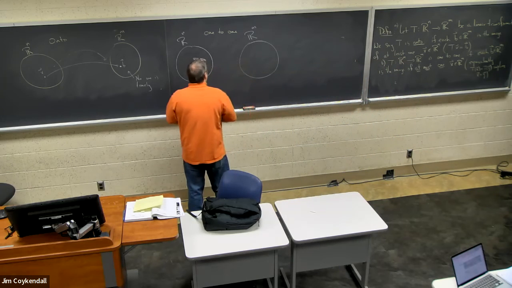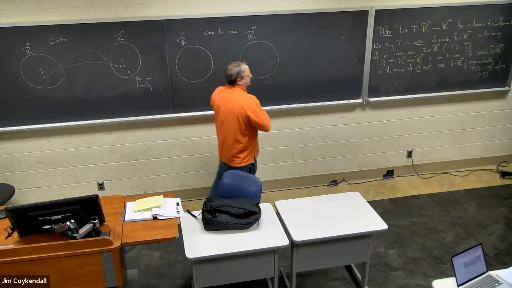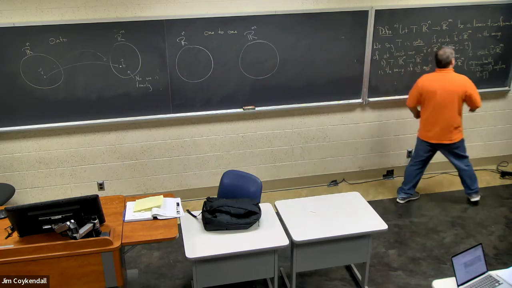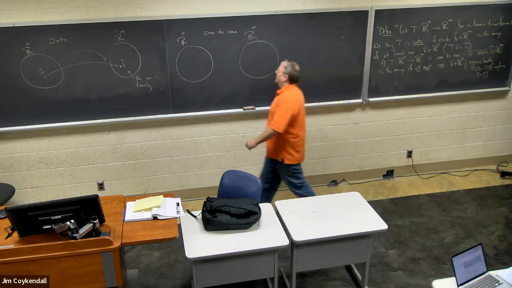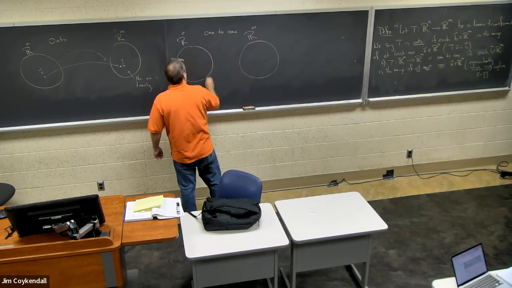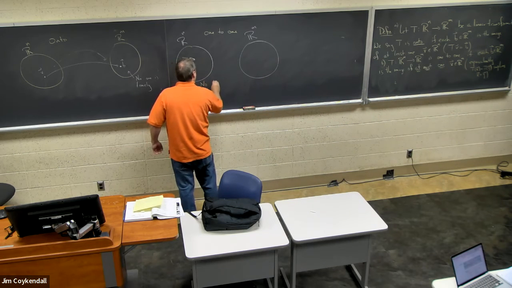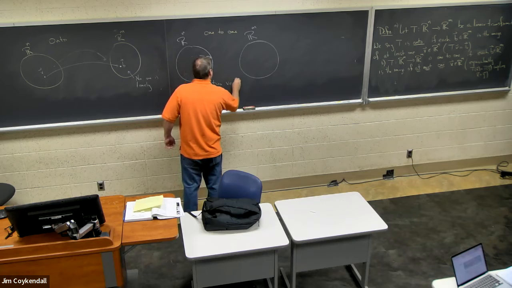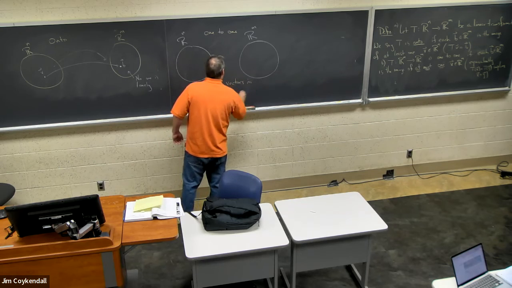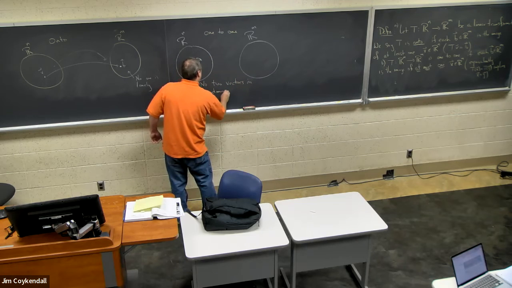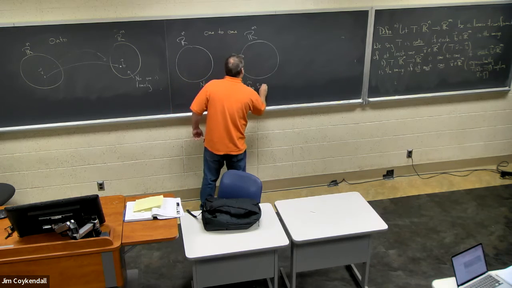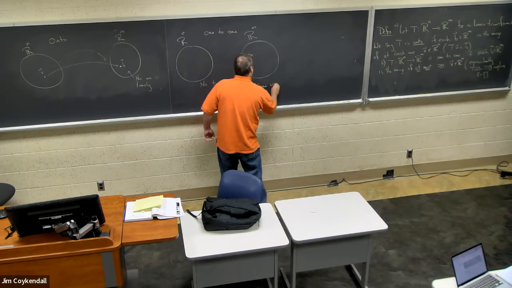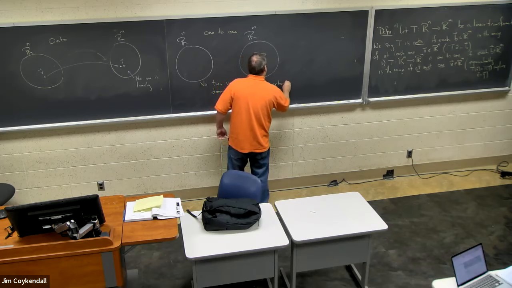So I like to write it this way: T of x equals T of y means x equals y. It means no two vectors in the domain go to the same vector in the target.